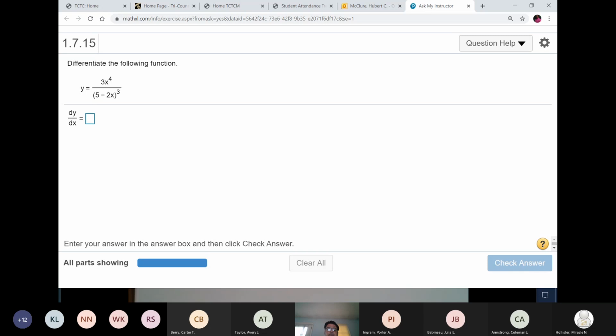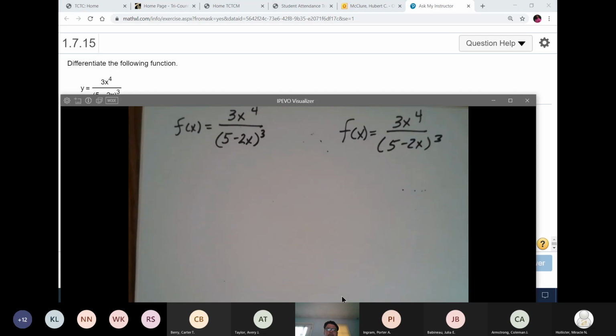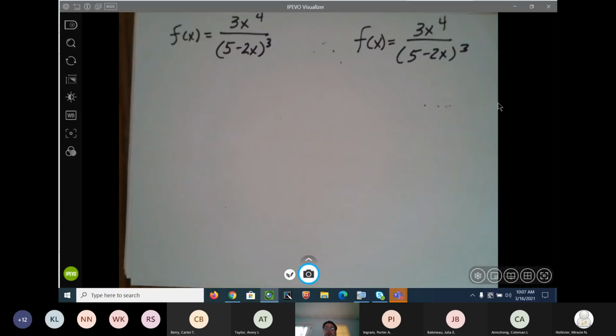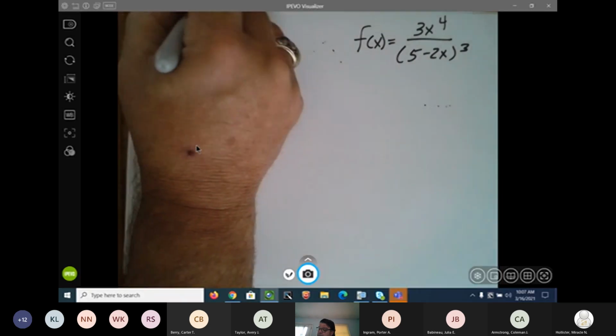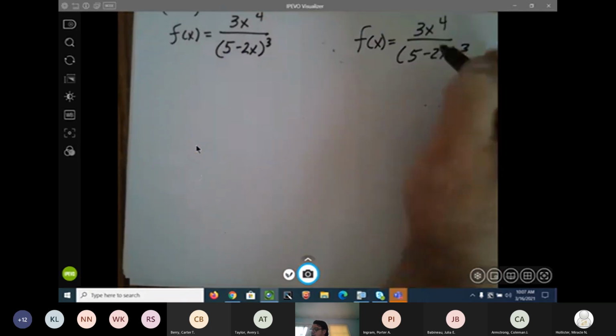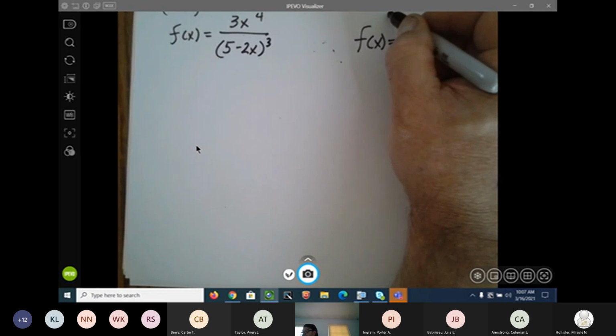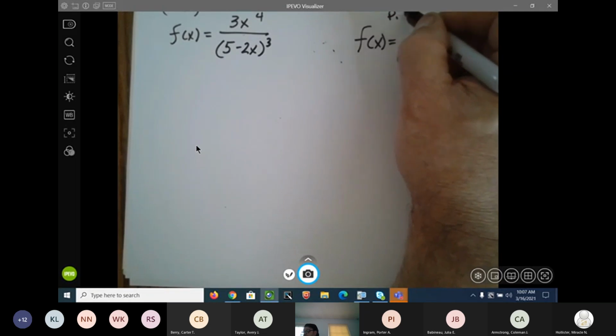Let me show you the whiteboard. On this side, I'm going to do the quotient rule, and on this side, we're going to change it and do the product rule.